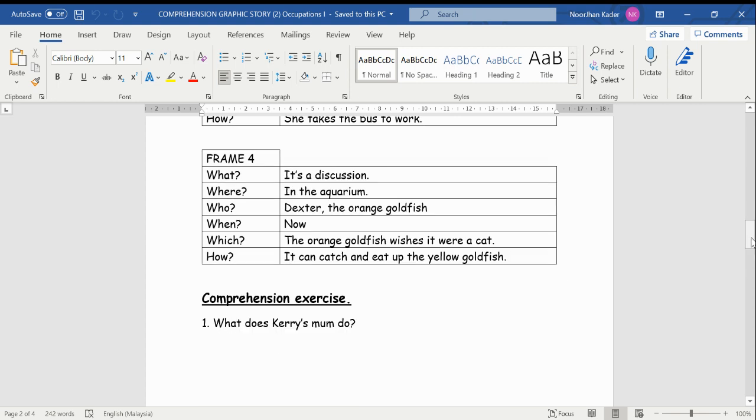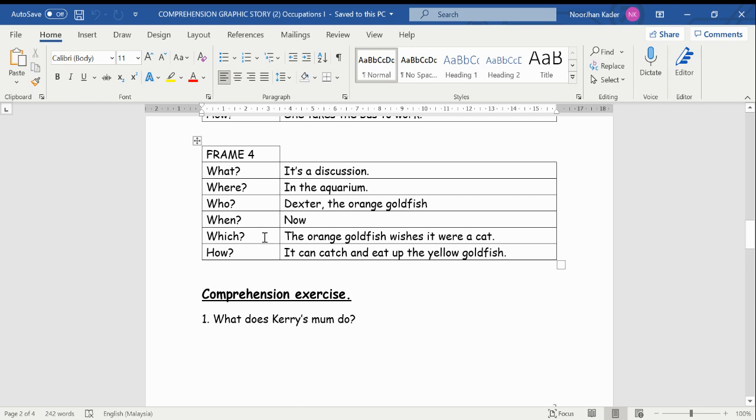But here it's not about the occupation, but which animal or which character Dexter wants to be. So the orange goldfish wishes it were a cat, or wants to be a cat.